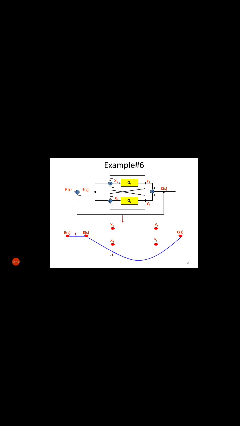Okay, next see X1. In X1, one signal is coming from E(s), another signal is coming from Y1, and third signal is coming from Y2. Next, X1 is connected to Y1 by transmittance G1.